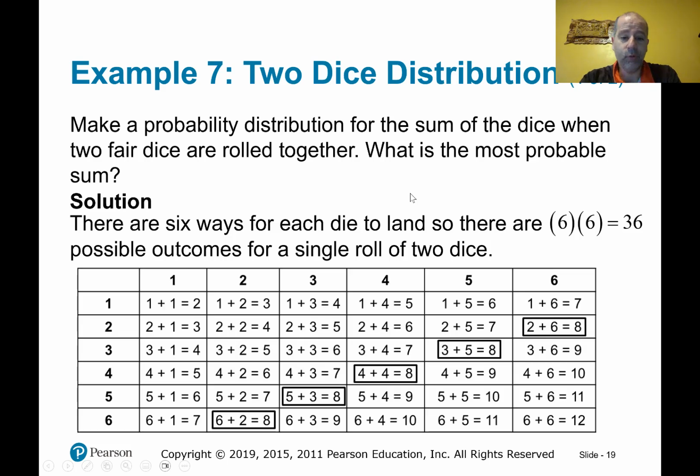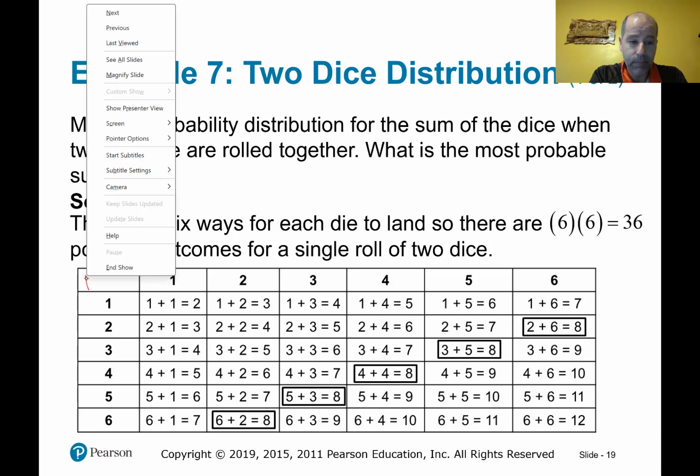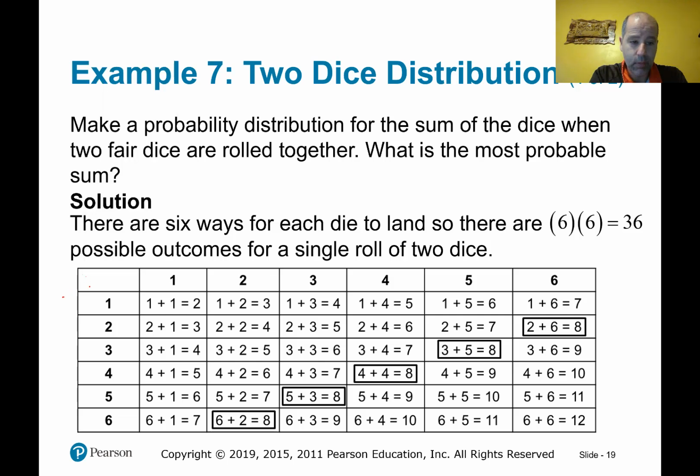And so if we draw a table, let's say this is the first die versus the second die. If you get a 1-1, that's going to add up to 2.